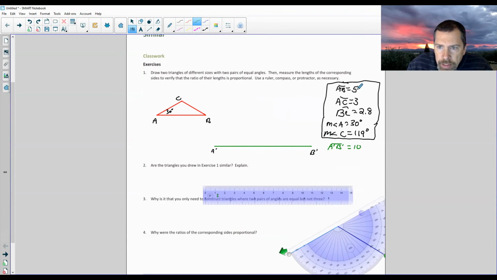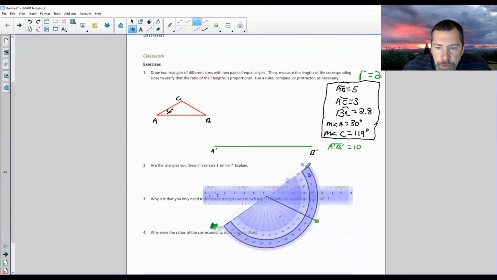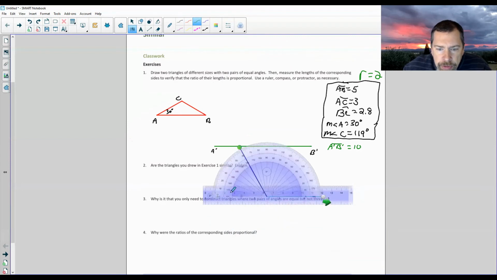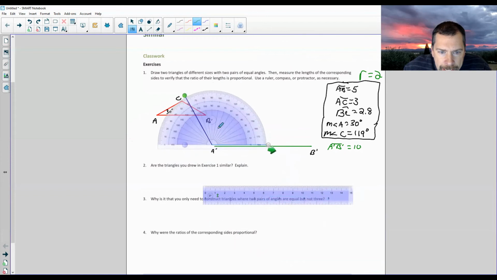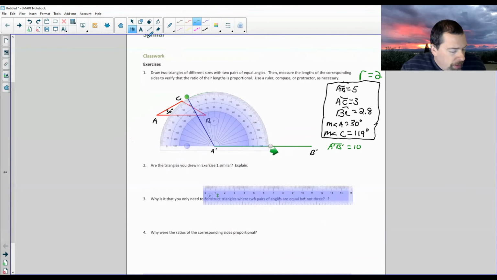So I see that it's a scale factor, r equals 2, and that's what I'm going to follow for this example. So I'm going to rotate this now to 0 and put it at A prime, which is right there. I'm going to erase that and switch to arrow so I can do this. And I want 30 degrees, which is right there.